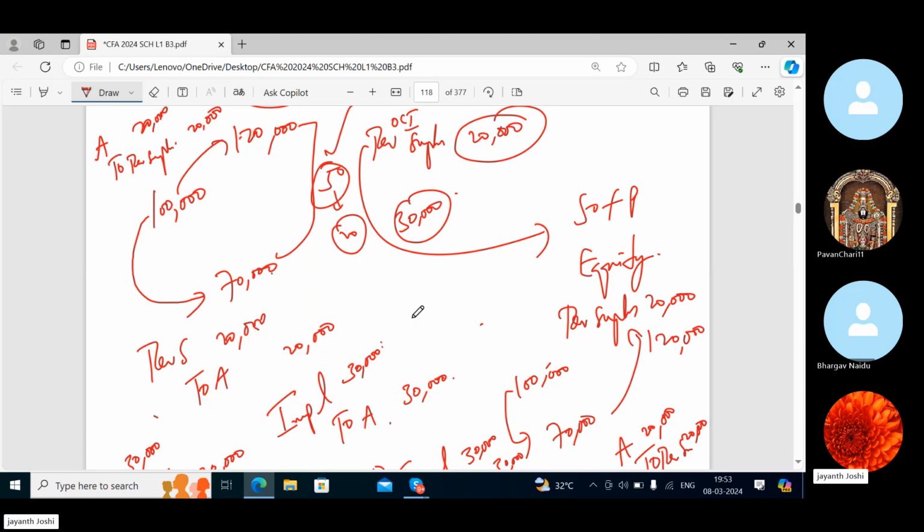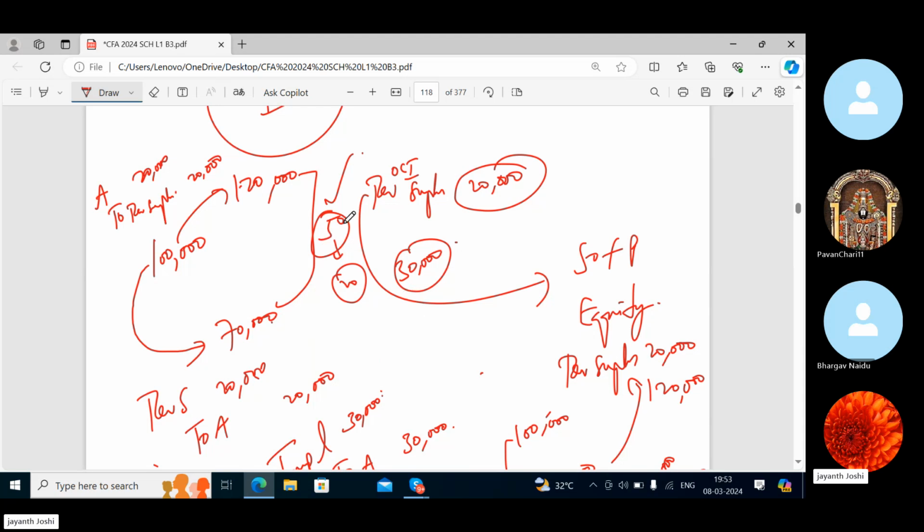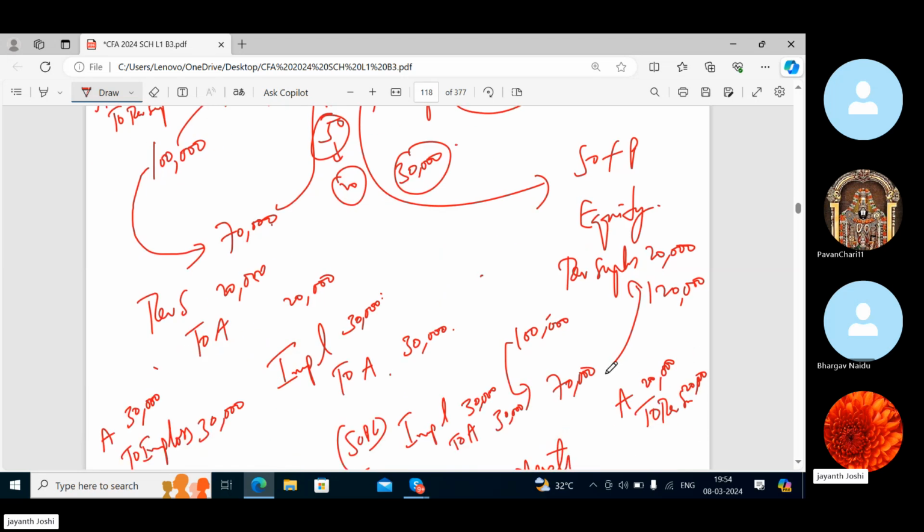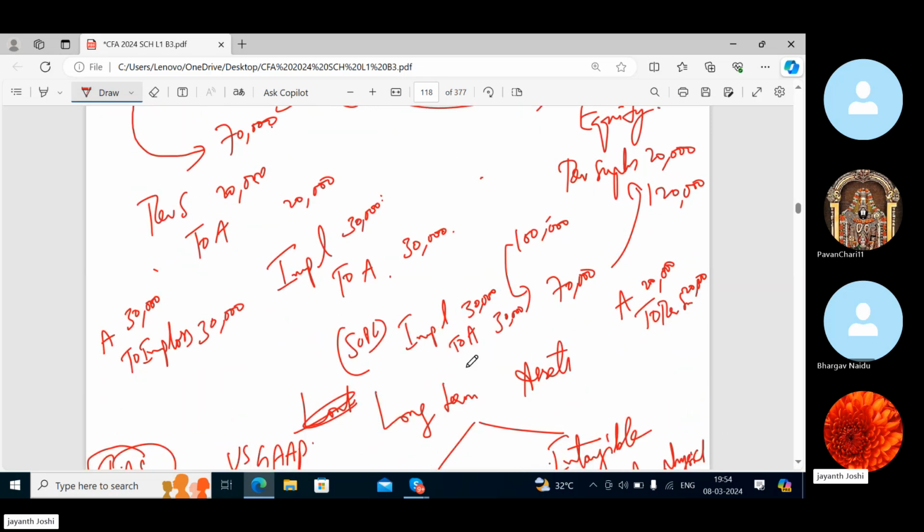This is clear. This was the case when there's an increase and reversal of revaluation surplus. But in the second case, there is an impairment loss. First, the value has gone down to 70. So I have to show that impairment loss. So impairment loss to asset.